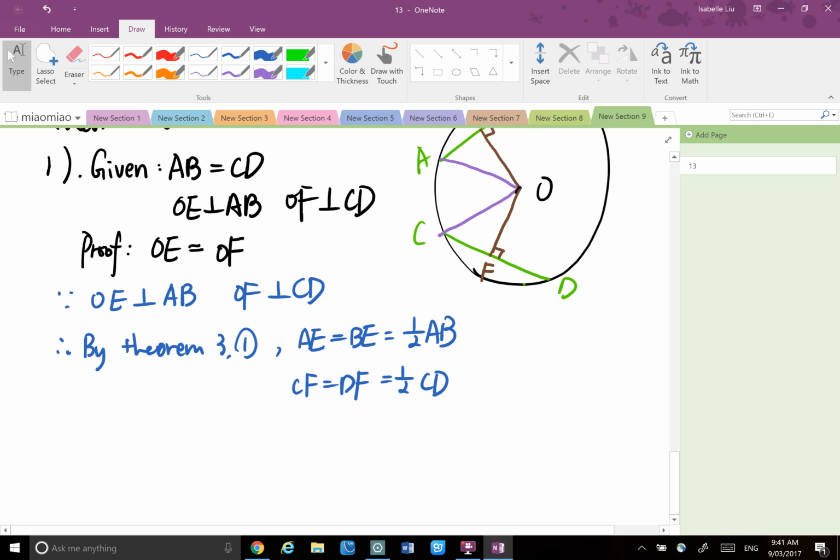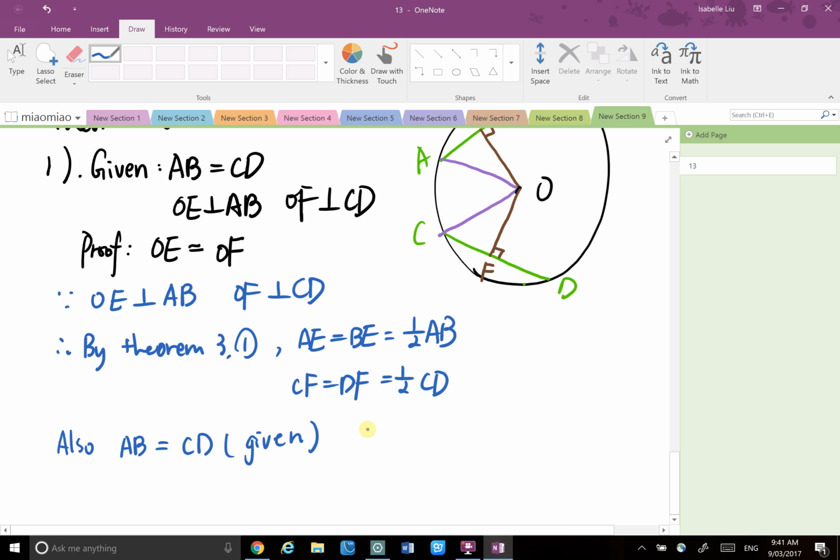And also, AB equals CD, which is given in the question. So AE must equal CF, because AE equals half AB, CF equals half CD, and AB and CD are equal.